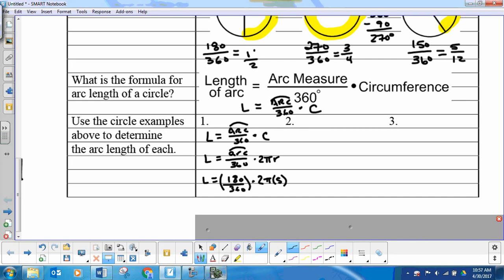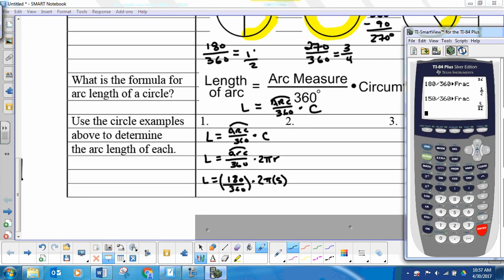So let me go to the calculator, make sure we all see how this looks. This is all multiplication, so it's a very forgiving means, but just for giggles, let's go ahead and make it look just like what we wrote down. So 180 divided by 360 times 2 times, again, the pi is that second caret, brings up my pi, times 5.